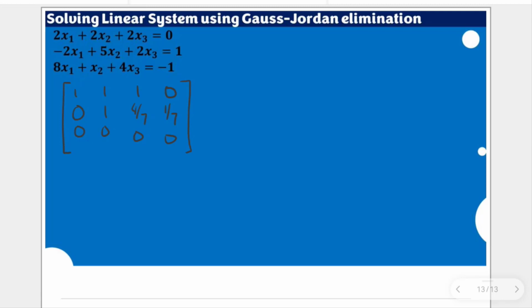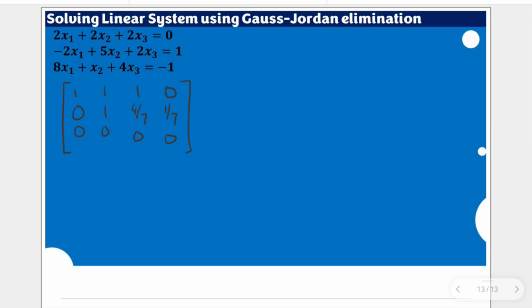Notice here that one of our rows is all zeros, and this would mean that one of the three variables here is represented by an arbitrary variable t, and that was actually x sub 3, and we used that to represent x sub 1 and x sub 2, and we decided in that video that there are infinitely many solutions here.